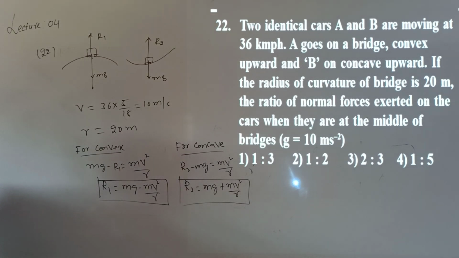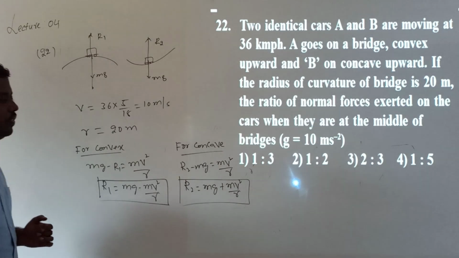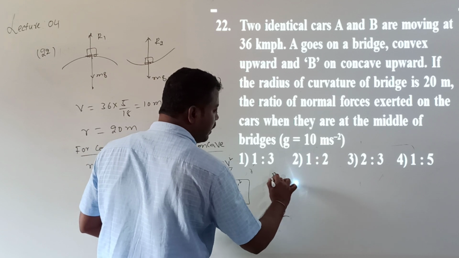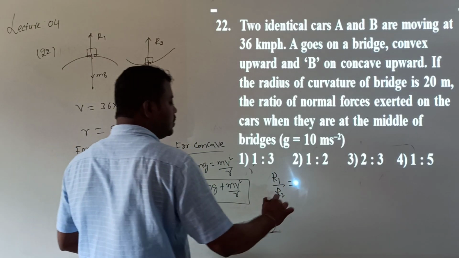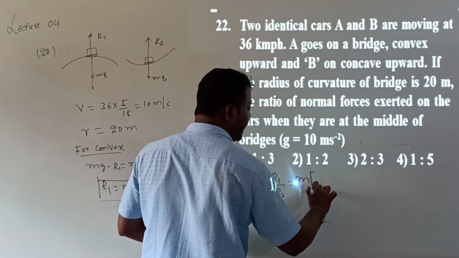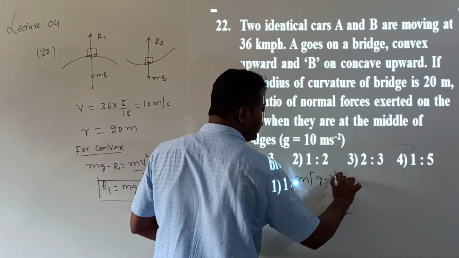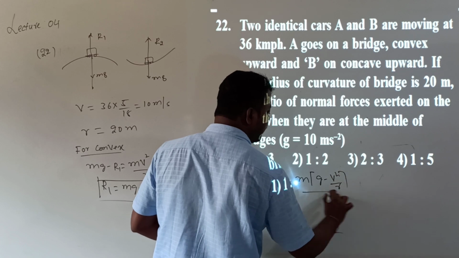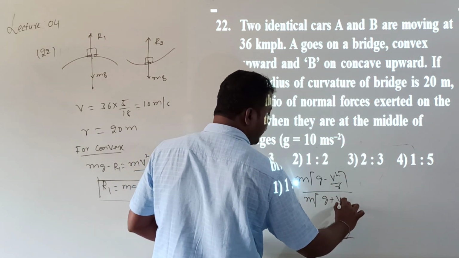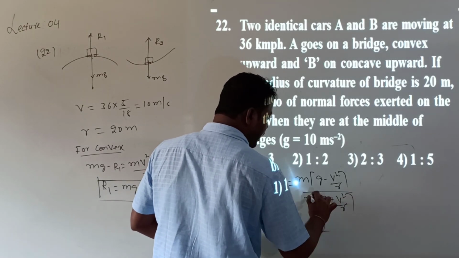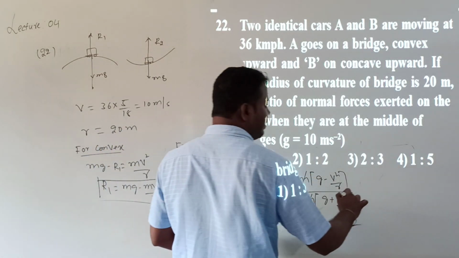So now they are asking us to calculate the ratio of R1 by R2. What do I get for R1 by R2? R1 by R2 is equal to, so can I take m common? If I take m common, g minus V square by R, and in the denominator also m common, so g plus V square by R. So m cancels. What is the g value?